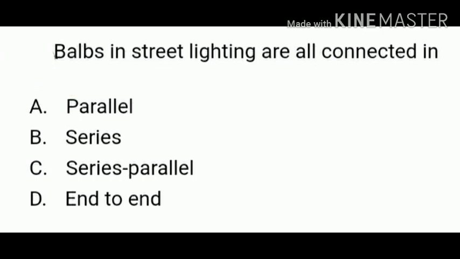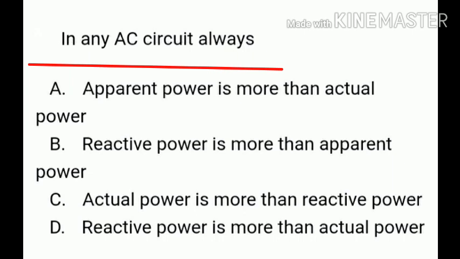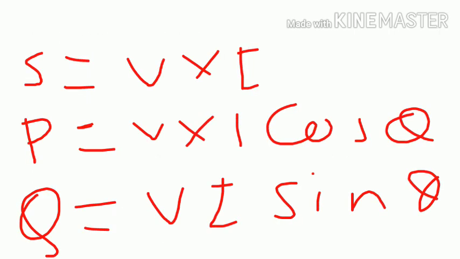The next question is: in an AC circuit, is apparent power more than actual power, reactive power more than apparent power, or actual power more than reactive power? At first we should know what apparent power, actual power and reactive power are. Active power means the useful power, and reactive power means the loss power. We know that apparent power equals V into I, active power equals VI cos phi, and reactive power equals VI sin phi.